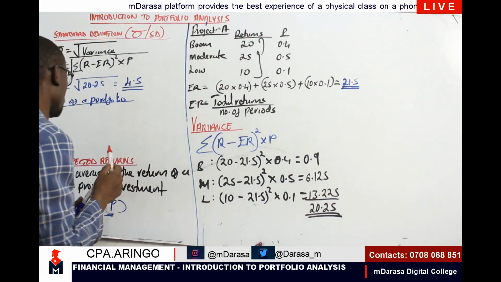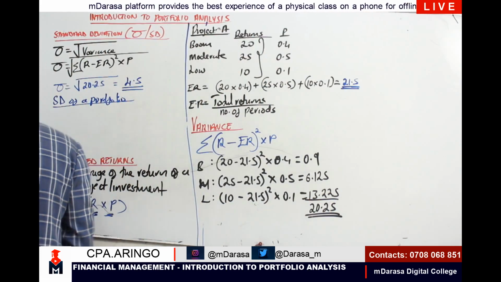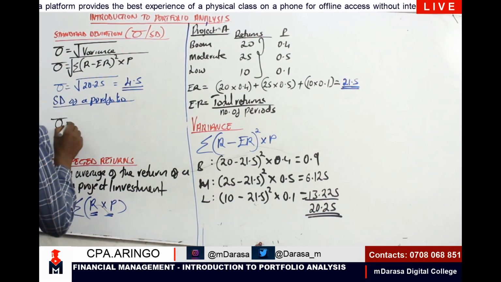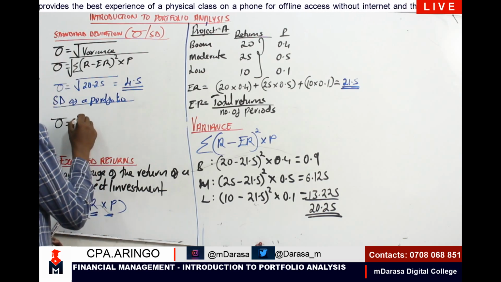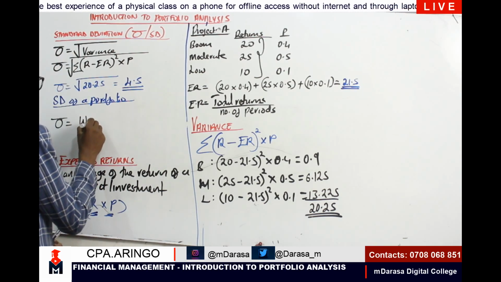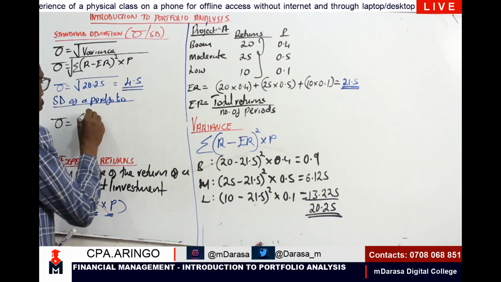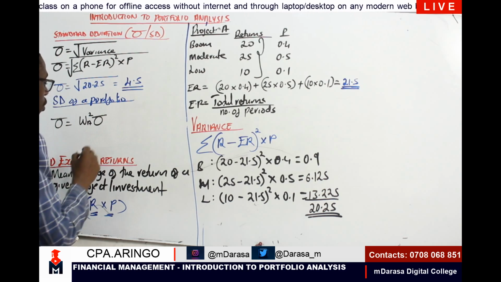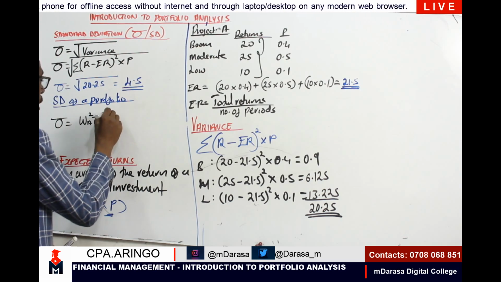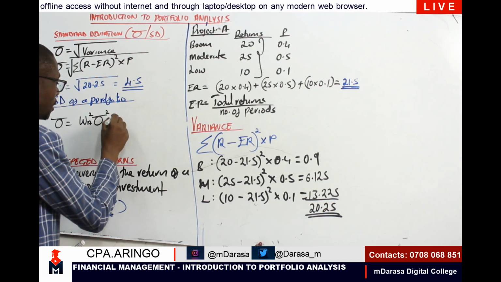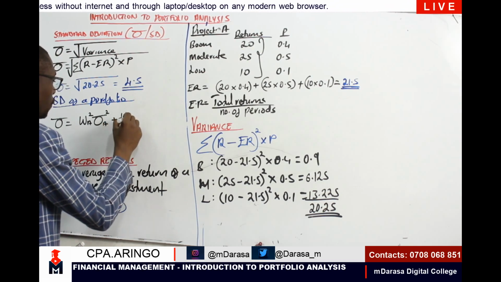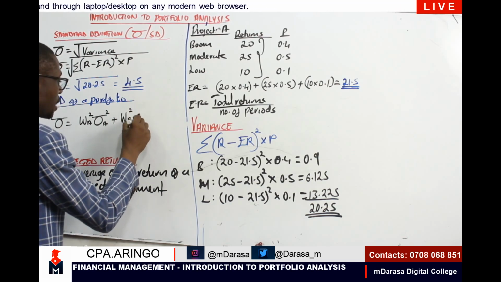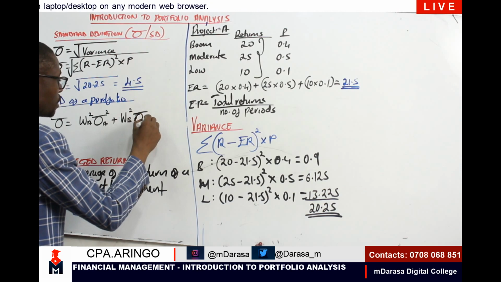We are going to take the weight of project A, we square that one, times the standard deviation of project A, we square that one. We add the weight of investment B, we square, times the standard deviation of investment B, we square.